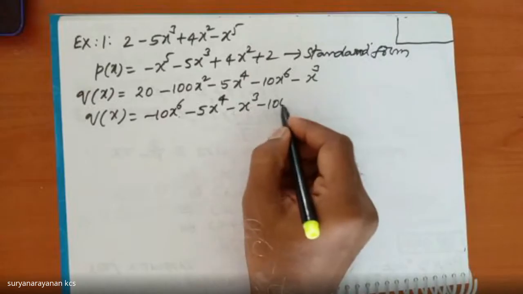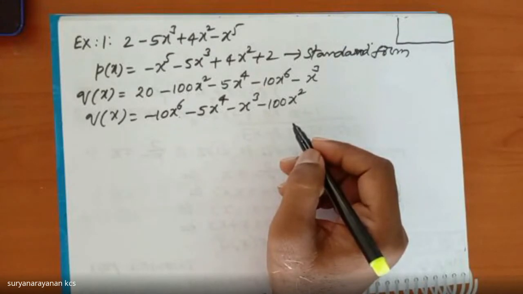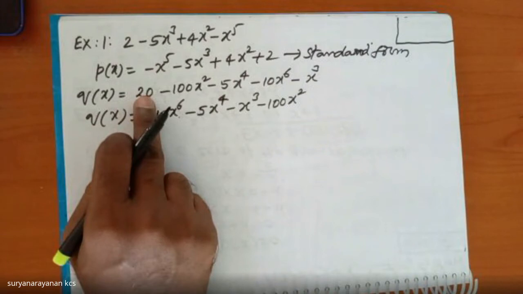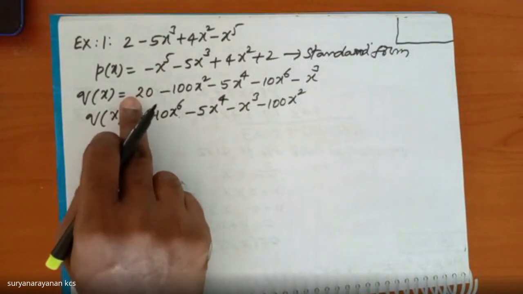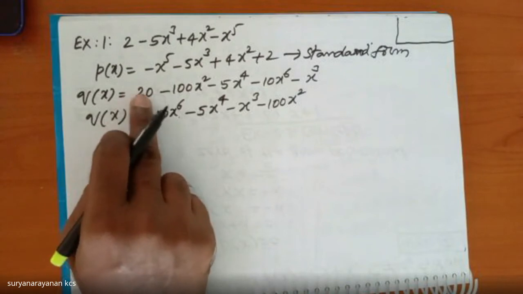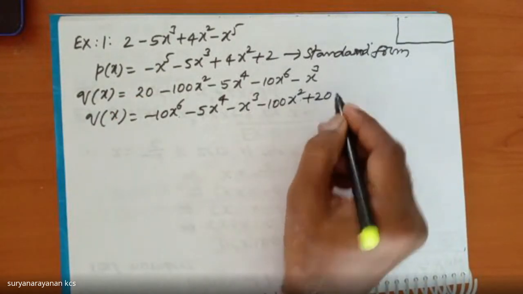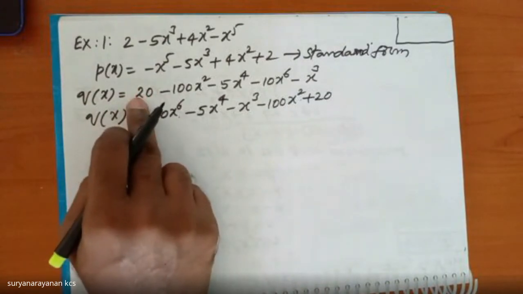Minus 100x square. Then 20. Minus 20 or plus 20? Plus 20. Before the number, you have to find out the sign of the term. On the left side of that number, if there is no sign, we consider it as a plus sign.